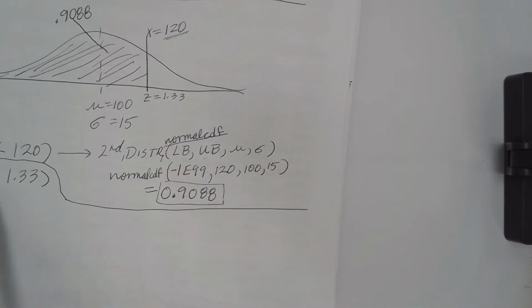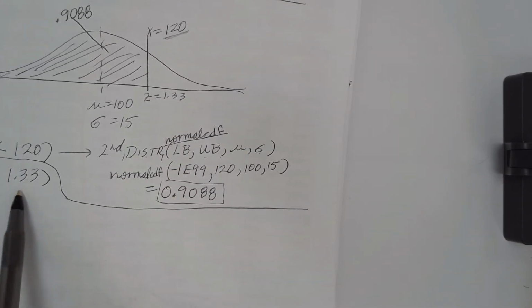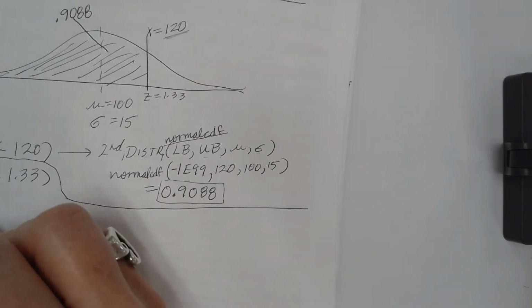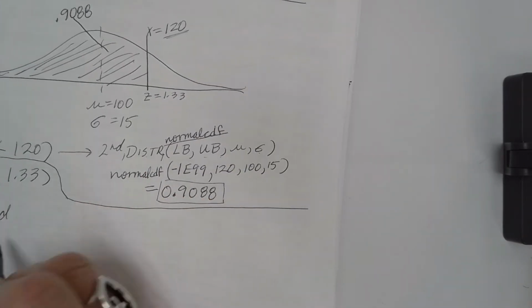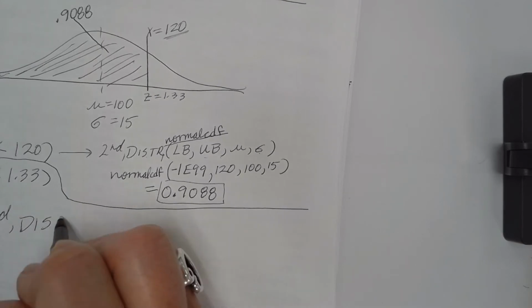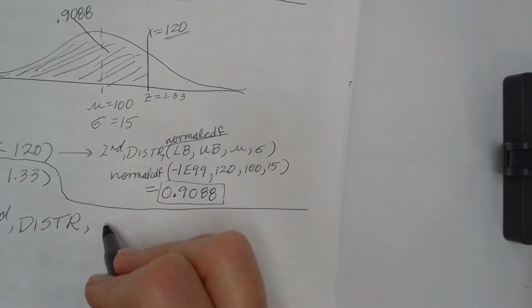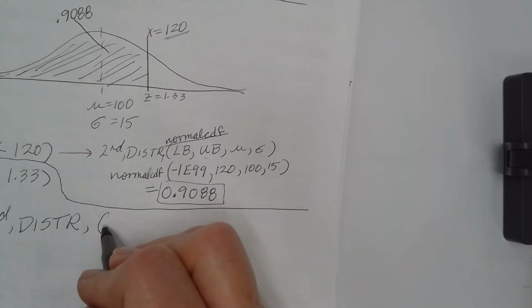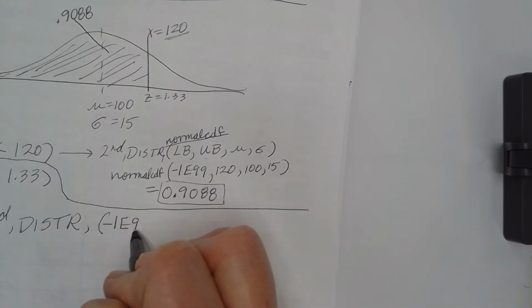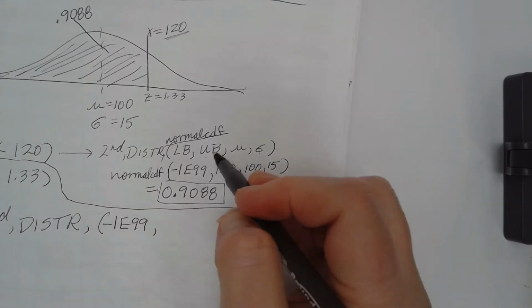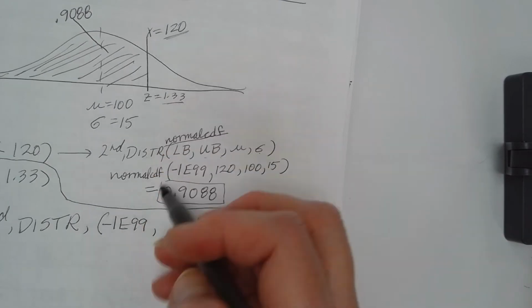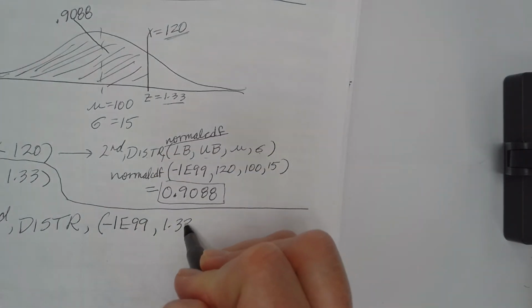So if I want to do the same thing in my calculator using the corresponding z-score, you would do second distribution, and then the lower boundary is still going to be negative infinity, so -1 E99. And then the upper boundary, instead of using the x value, we're going to use the z-score, 1.33.